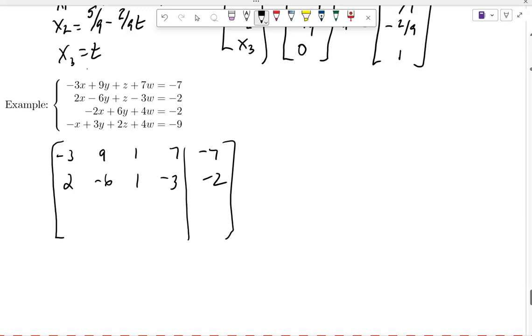Now, notice here in the third one, the Z is missing. So I need to make sure I put a 0 in that third column to represent that the Z is not there. And then -1, 3, 2, 4, -9.